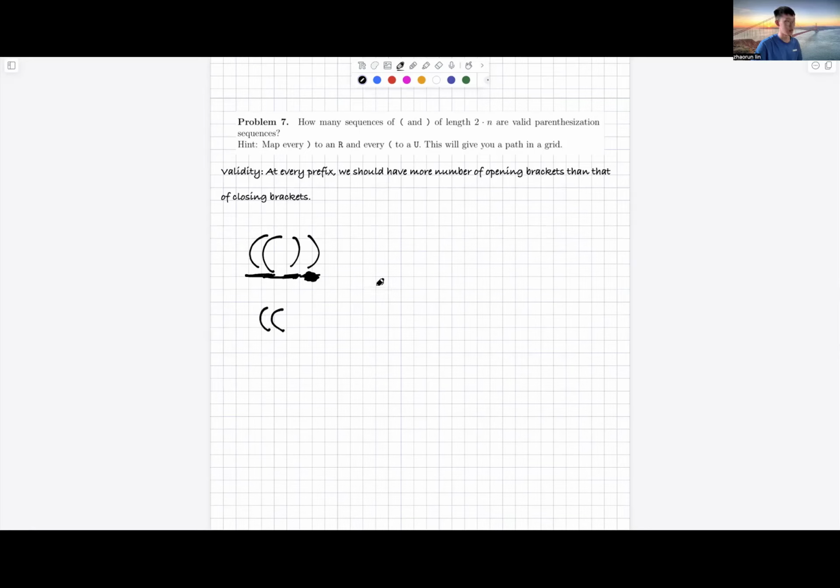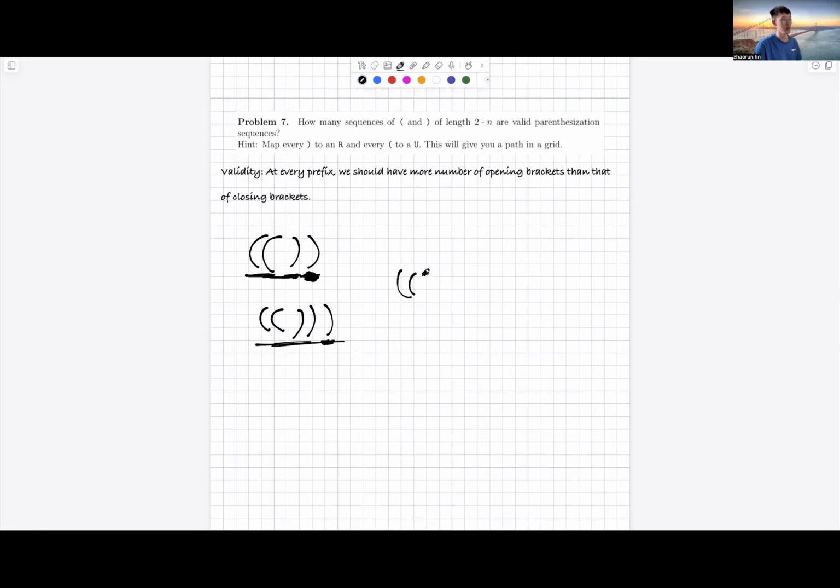But if at some prefix we have fewer opening brackets than closing brackets, for example just this one, at this prefix we have 3 closing brackets but only 2 opening brackets. So this is not valid.